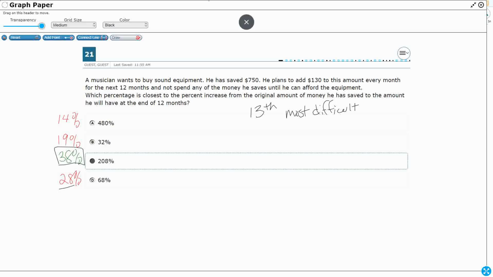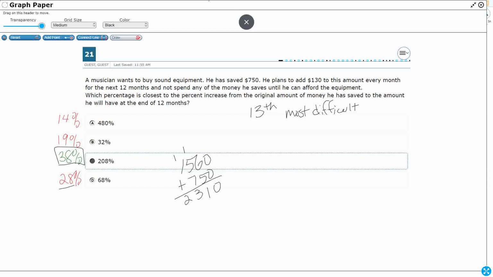And quite honestly, one of the most chosen incorrect answers was not too far behind. That's 68%. So how did we get 68%? That's nothing like 208%. Well, remember the amount saved was the 1560. If you add that to the 750 to see how much money he has now, you would get this 2310.